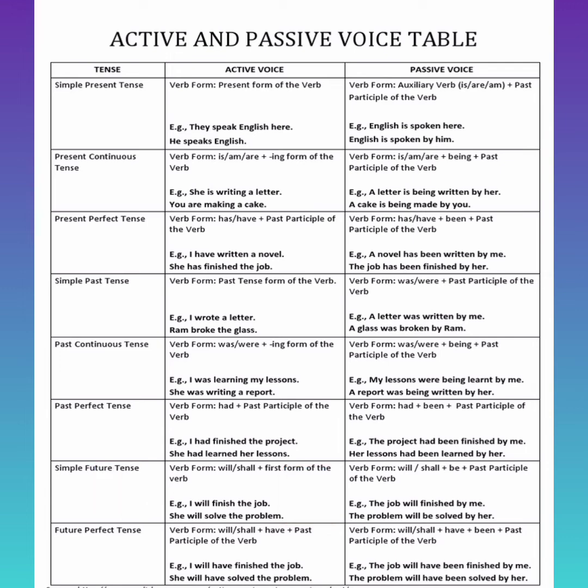I will finish the job. The job will be finished by me. Okay, next one, future perfect. In that, will or shall have plus past participle is there, so that becomes will or shall have been plus past participle. For example, I will have finished the job. The job will have been finished by me.